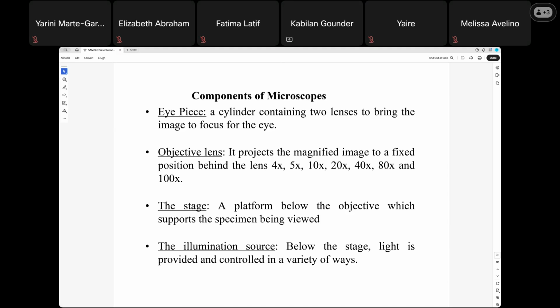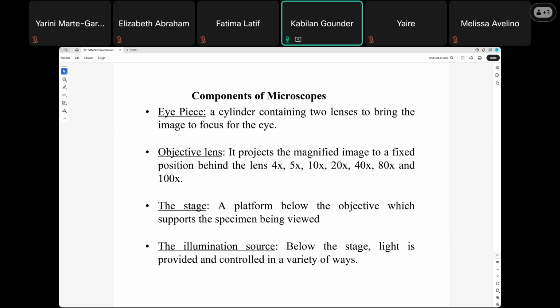The next is the stage. The stage is very important to hold your samples, the slides. It's a platform, either below or above the objective lens, which supports the specimen being viewed. We are going to see whether the objective lens is below the stage or above the stage.